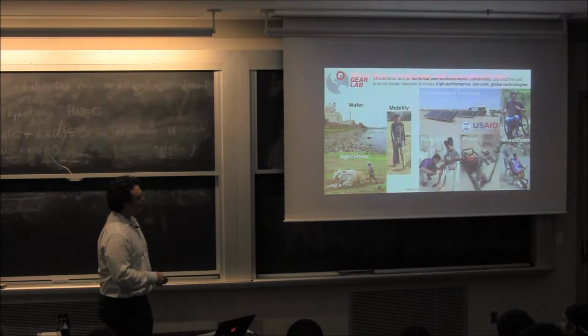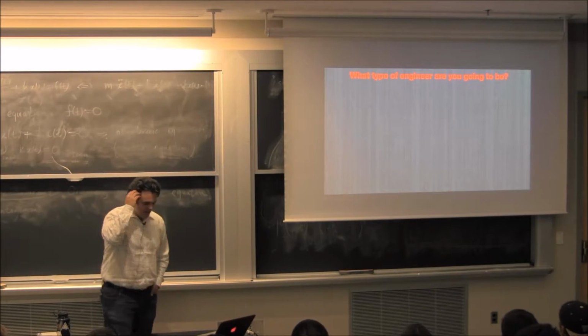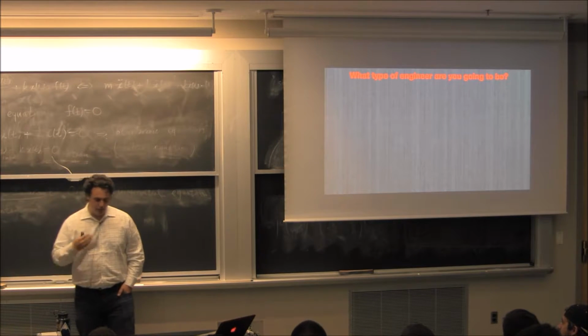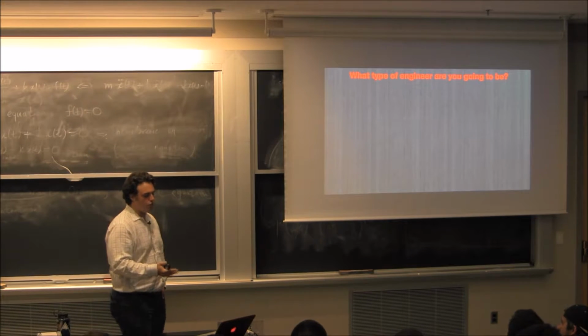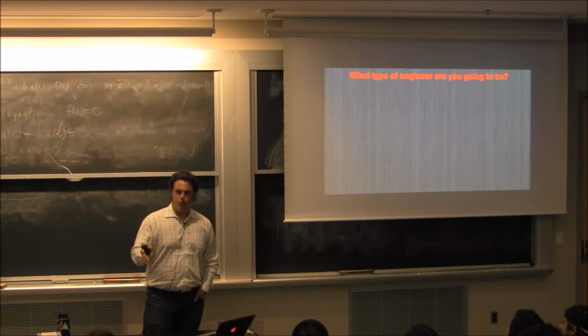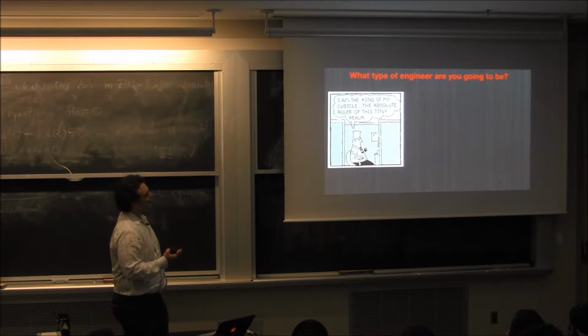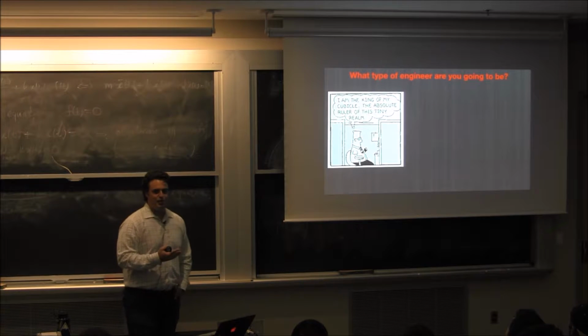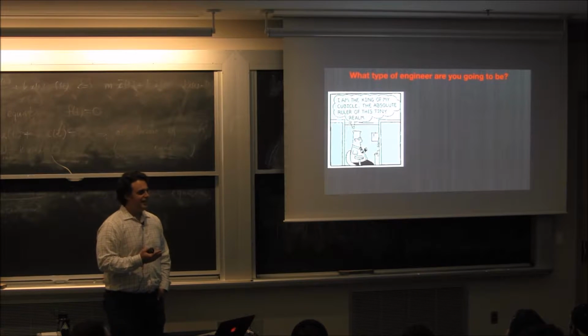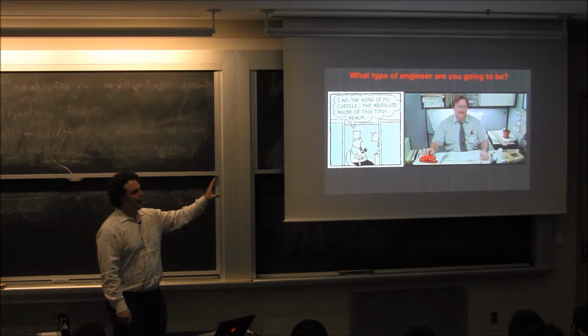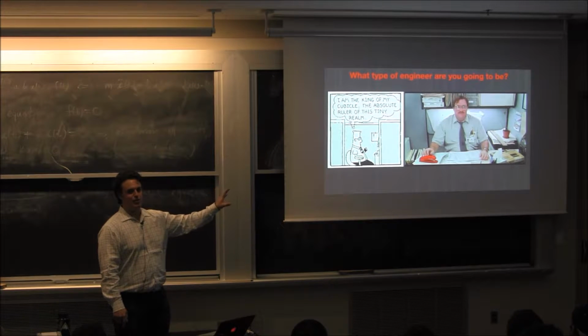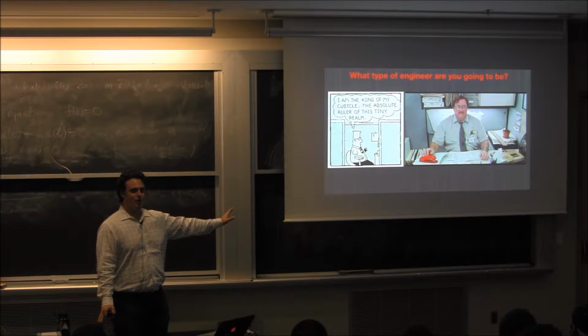It's fun. Okay, so I want you guys to think about, going into this class, and I think going into your careers, what type of engineer you're going to be, right? Are you going to be this type, like Dilbert? You know, sitting in his tiny cubicle, he's the king of the cubicle. Like, the era of fat white guys sitting out in a cubicle in Ohio designing products for the world, that's not happening anymore, right?